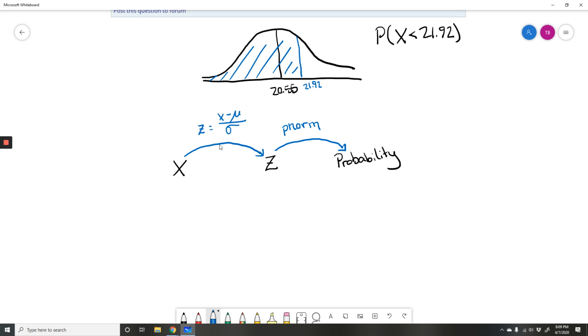Okay, our X that we're going to use in the formula is 21.92. That's the value we're interested in right here. Okay, 21.92, that's the boundary value. The mu we'll use for the formula, we were told, it's the mean, 20.55. And then the standard deviation we were also told.